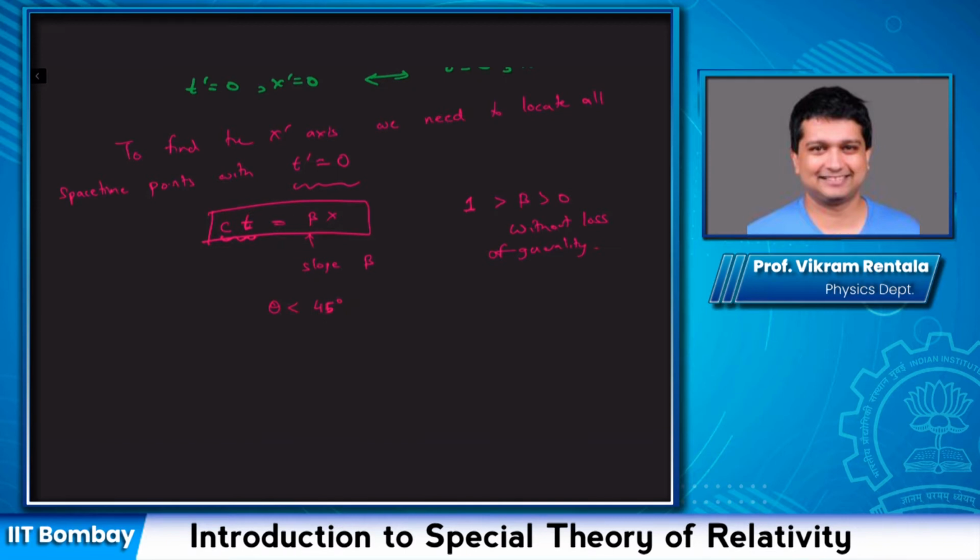It's a line which passes through the origin and has slope beta, between 0 and 45 degrees.